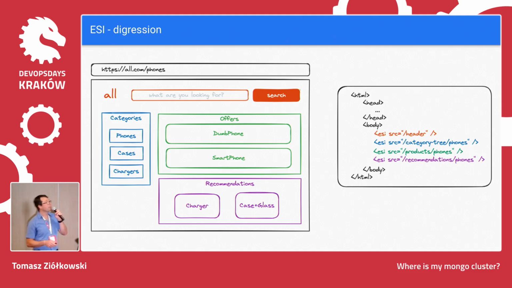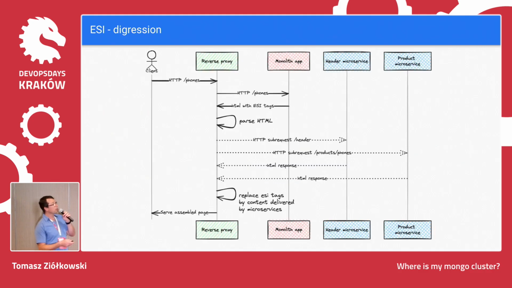And how does it work? The monolithic app in such a situation generates an HTML response that contains some SSI tags, and those tags are handled by a reverse proxy, which stands in front of the monolithic app and microservices.